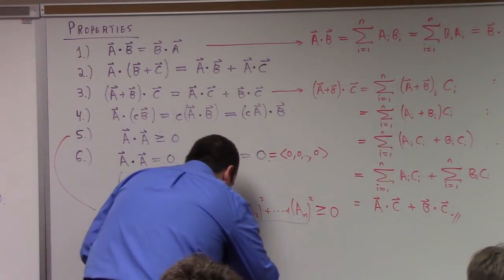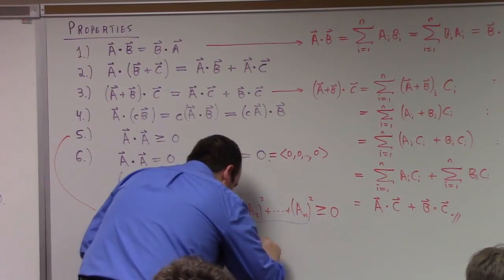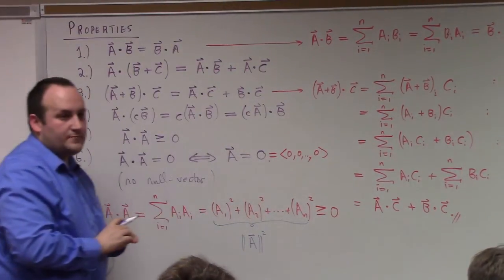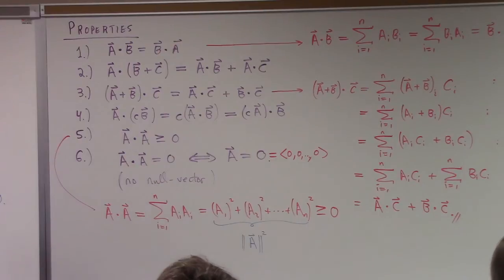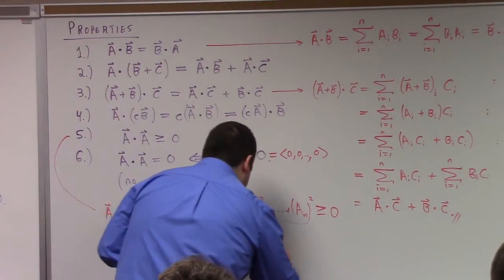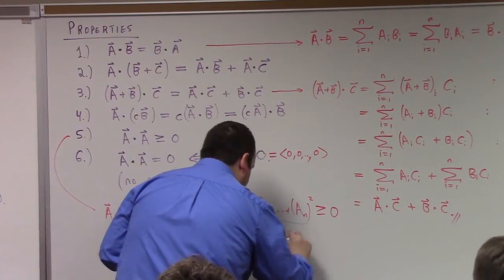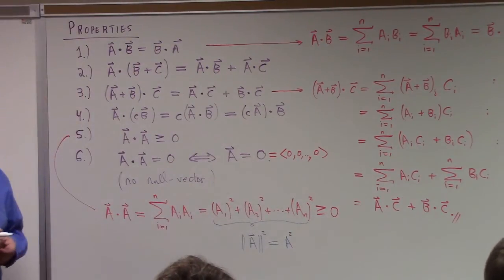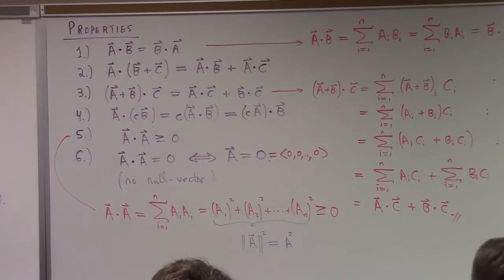Exactly. This is the length of A squared. So the dot product of the vector with itself gives us the length of the vector squared. So in our other notation, we said that was a squared, right? And that's the magnitude direction notation we introduced yesterday.